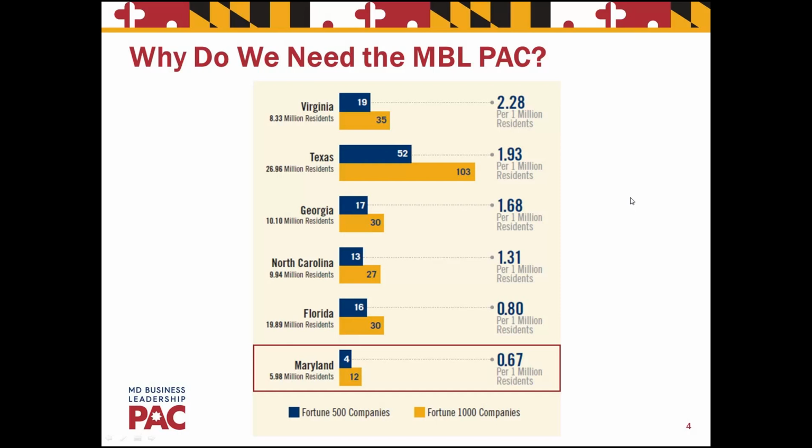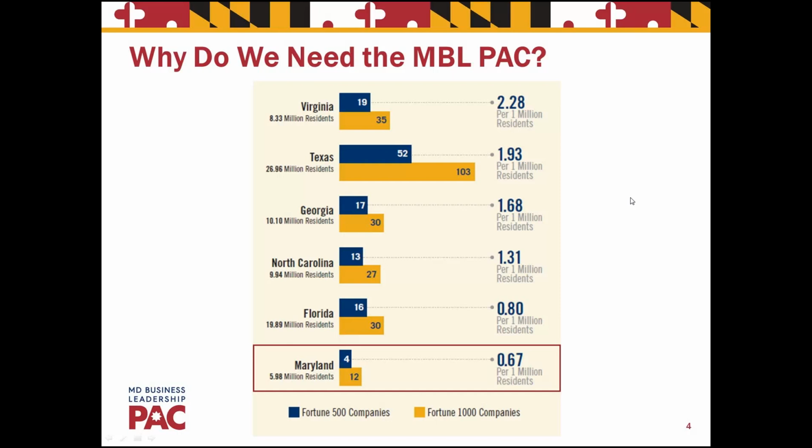That's a dramatic difference. That's 3.5 times. So they're 350% better at creating or retaining Fortune 500 companies than we are. Why is that? It's pretty simple. We're not competitive on taxes, regulations, and lots of other policies that affect business health and therefore economic health. So let me run this by you.